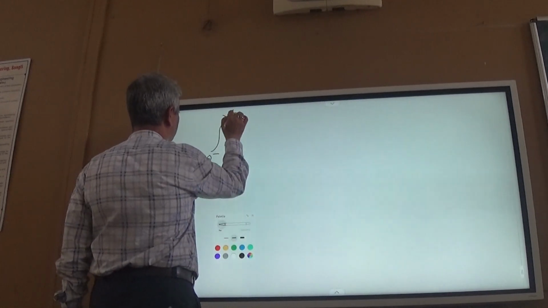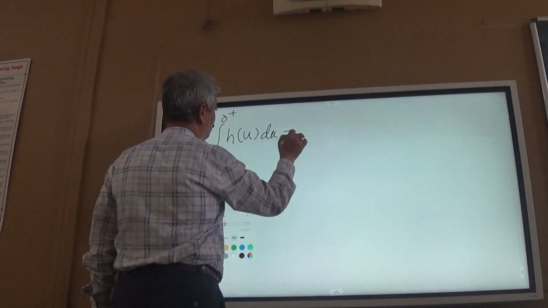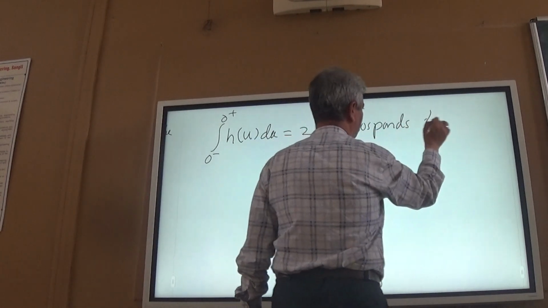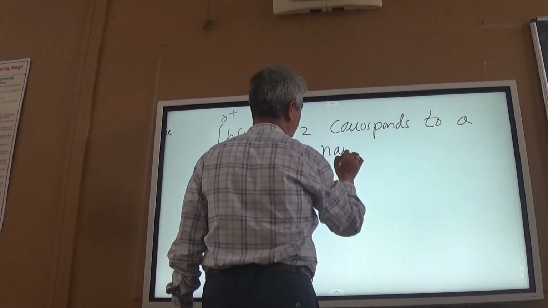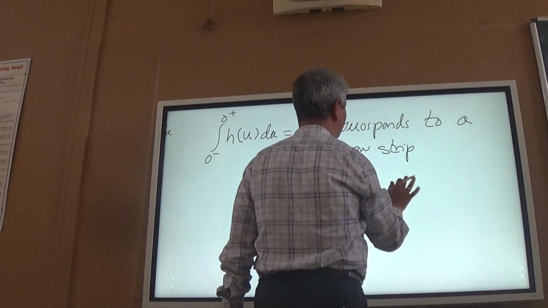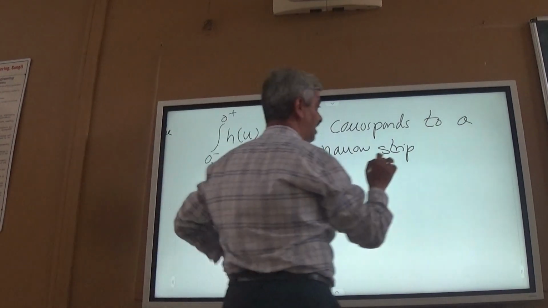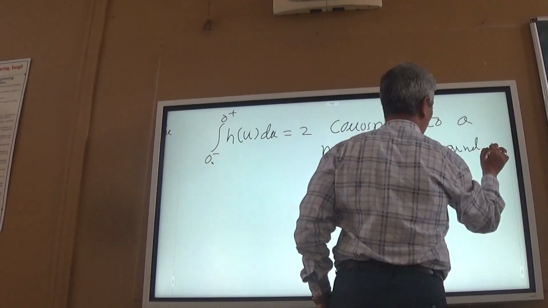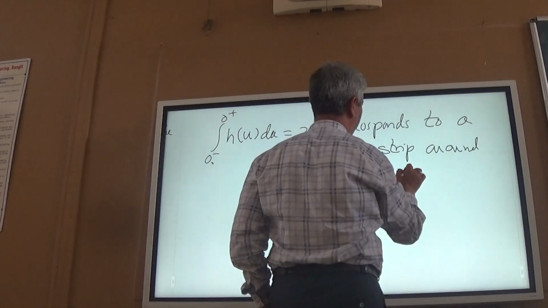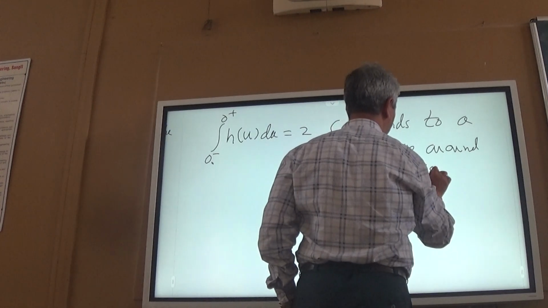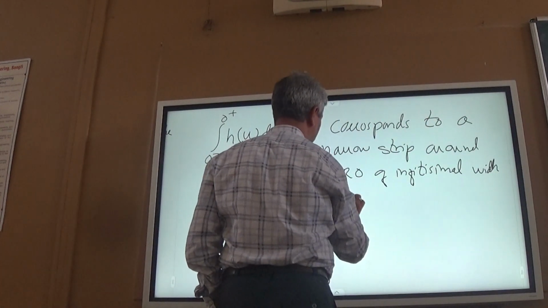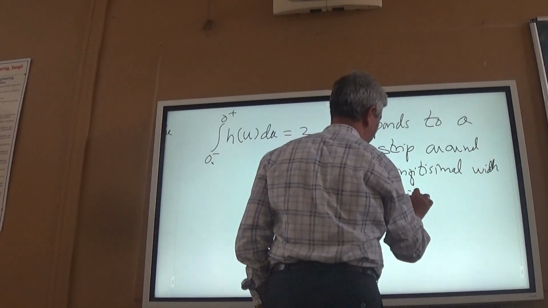So integral from 0 minus to 0 plus h(u) du equal to 2 corresponds to a narrow strip around 0 of infinitesimal width and infinite height. This is not enough.